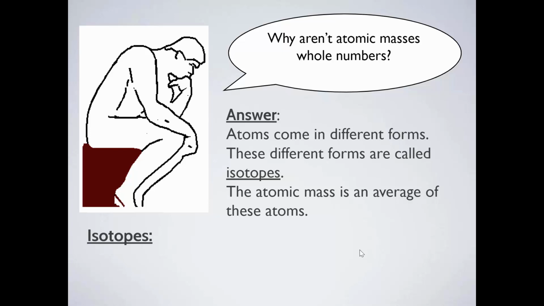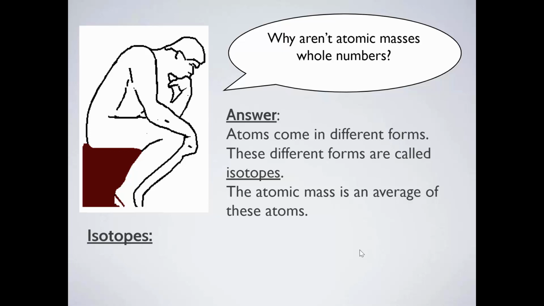So uranium typically has how many neutrons? No, neutrons. 146. Could it have 147 and still be uranium?